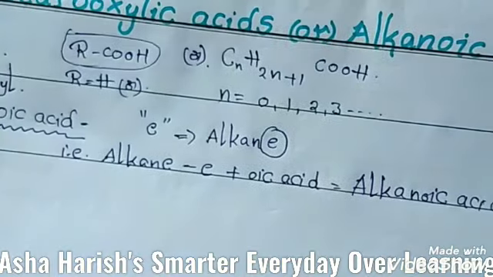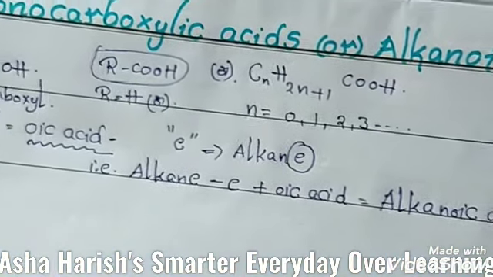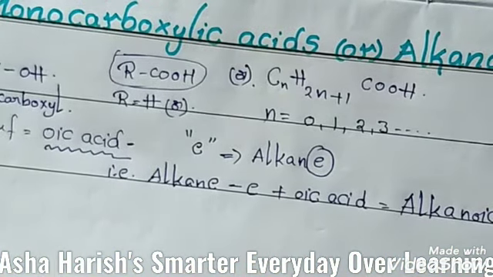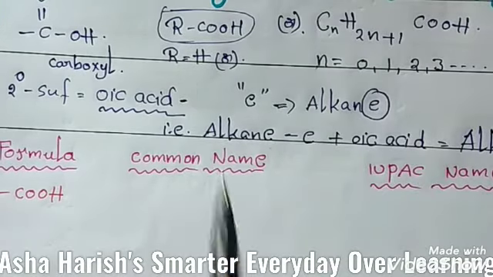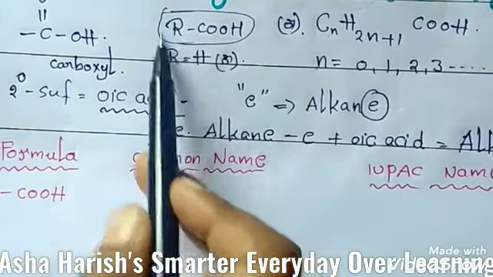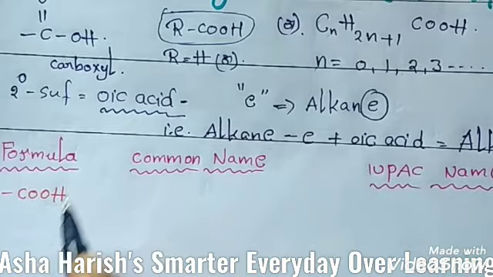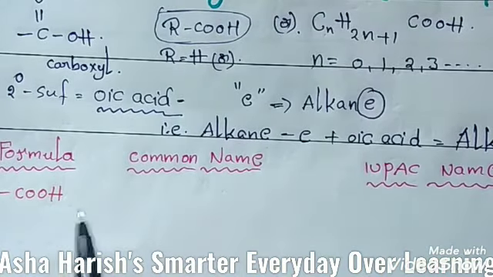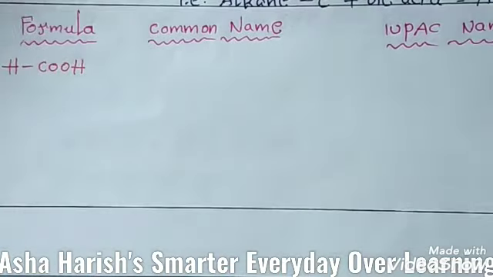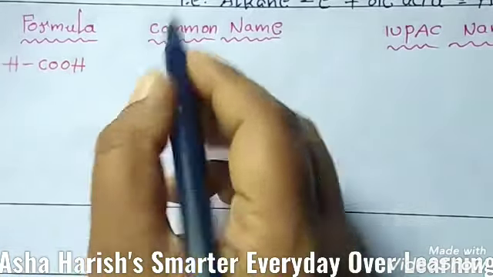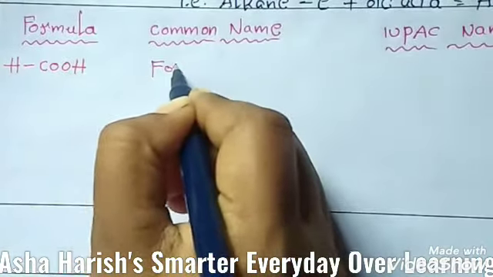Okay, now let's see some important examples for these monocarboxylic acids or alkanoic acids. The general formula is RCOOH. In the place of R you can take H, CH3 or methyl group, ethyl group, something like that. Let's see the first example here, HCOOH. For this the common name is formic acid.